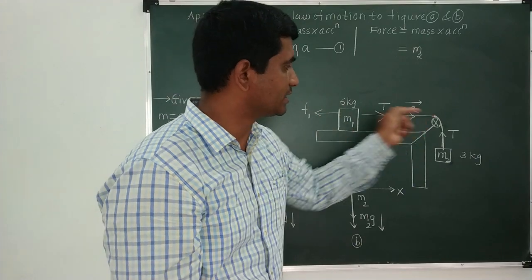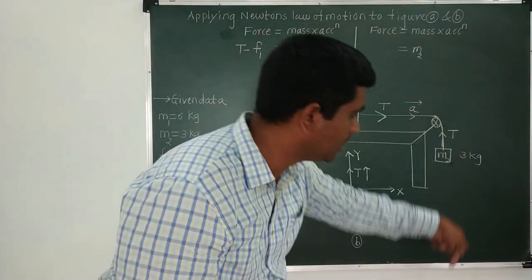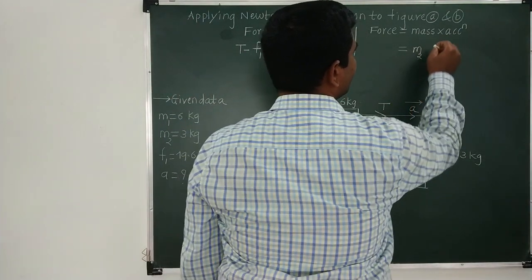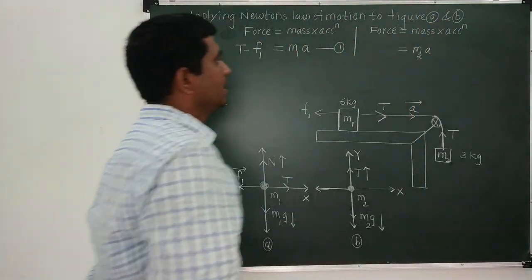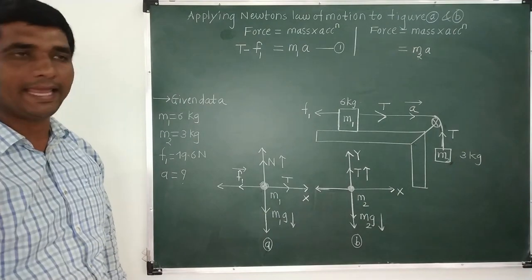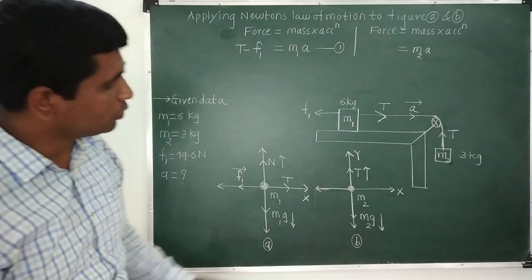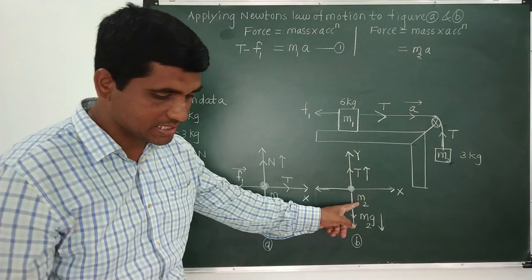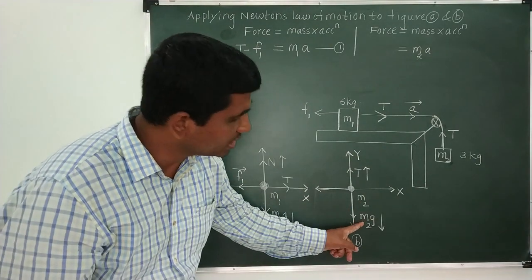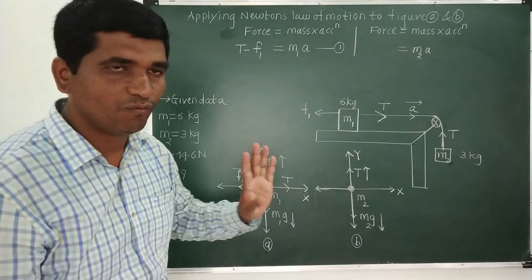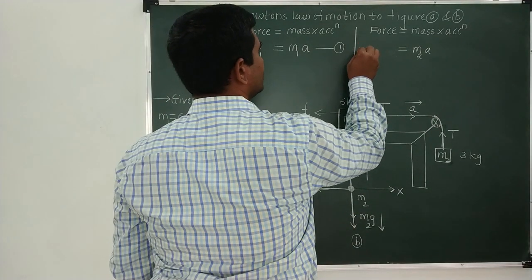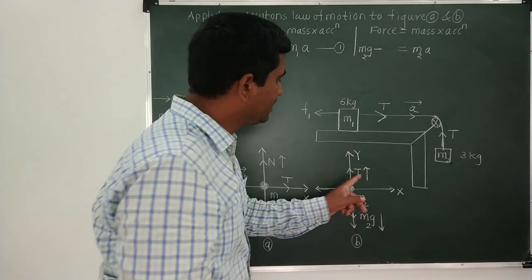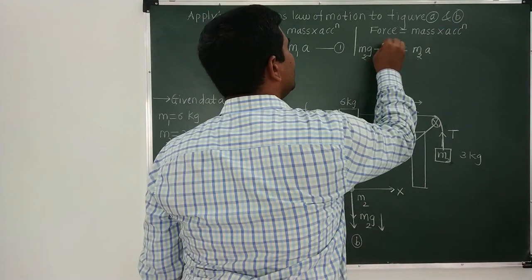If this block is accelerating in this direction, the other block will accelerate in the downward direction, so its acceleration will again be a. So it is m2a. Now, what is the force acting along the y direction on this block whose mass is m2? It is due to gravity, which is the weight of the block, m2g, minus the tension in the string, that is T.